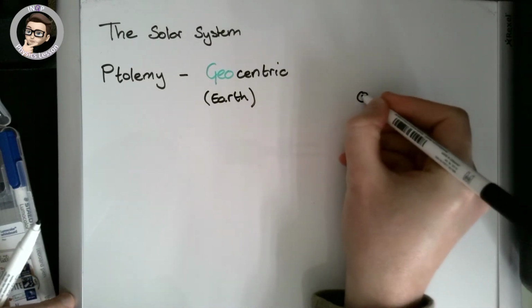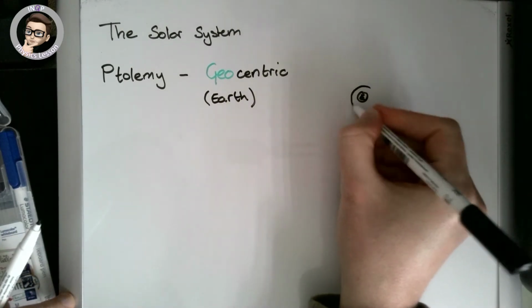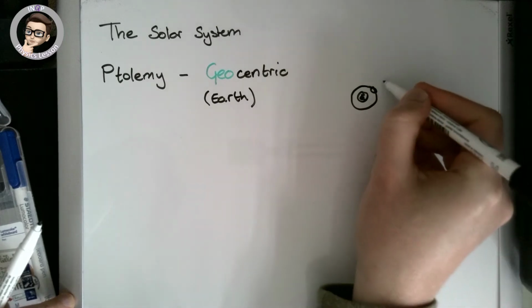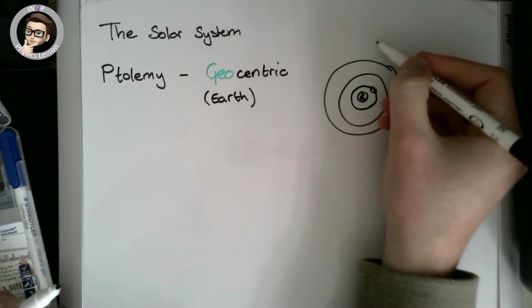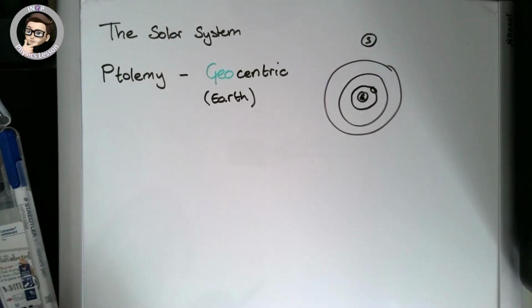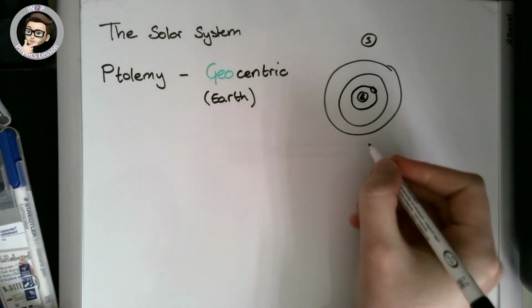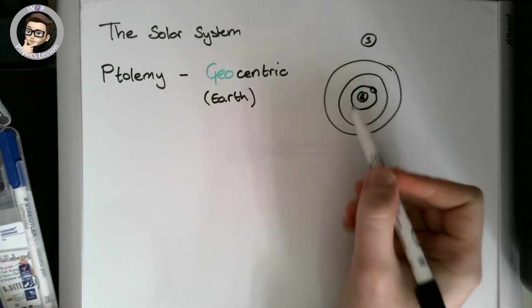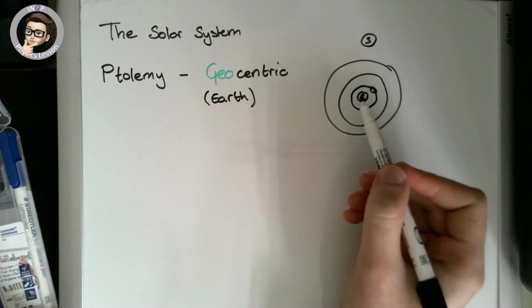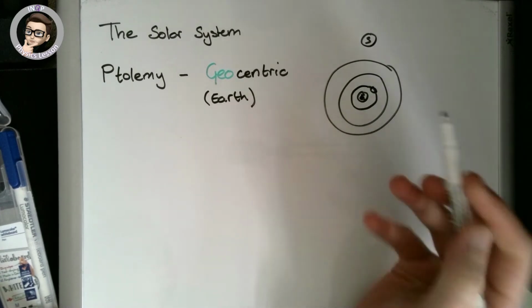So he had this idea that Earth was at the center, the moon would go around the Earth, and then you'd have all the other planets going around the Earth, and eventually the sun going around the Earth as well. Now that was really popular with the Catholic Church because it meant that the Earth was special. The Earth was right at the centre of the solar system, in fact the centre of the universe as far as they were concerned, and everything else went around it.